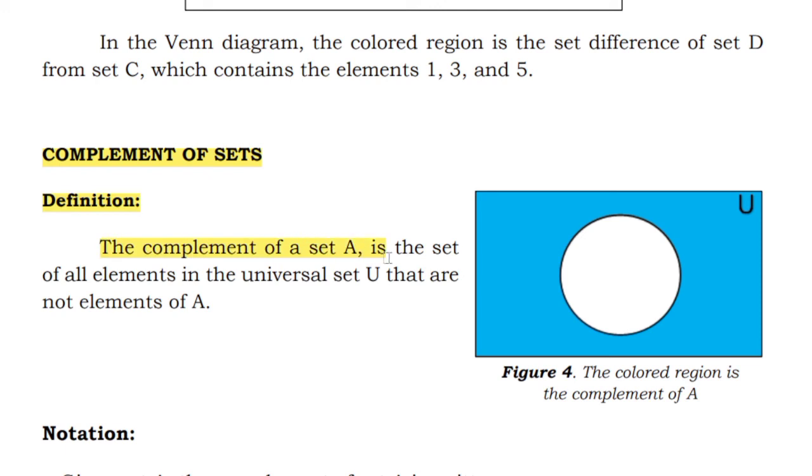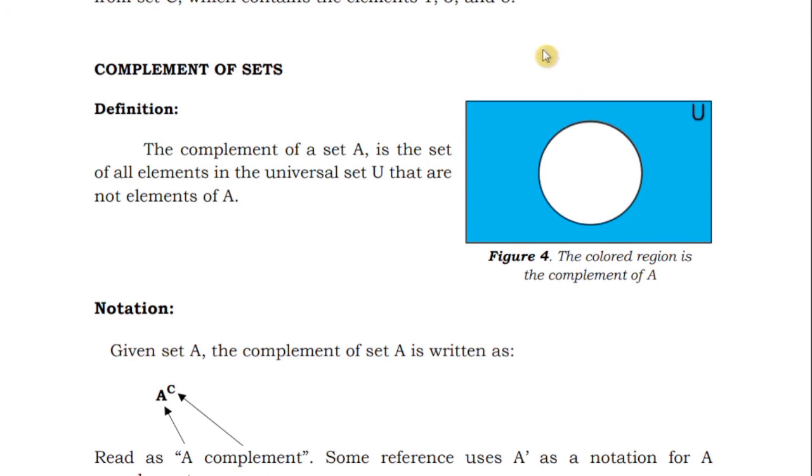The complement of set A is the set of all elements in the universal set that are not elements of A.